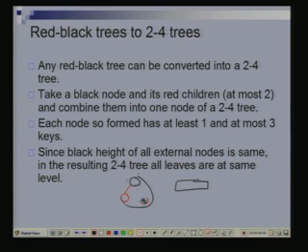Suppose it had only one red child, then there would be 2 keys in here, and if it had no red child, then there will be only one key here. So, each node so formed has at least 1 and at most 3 keys.